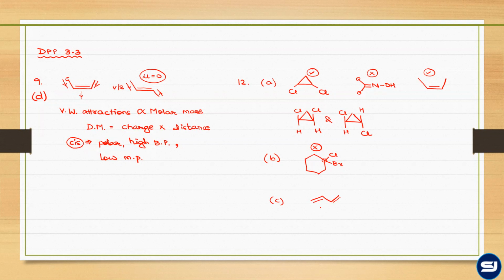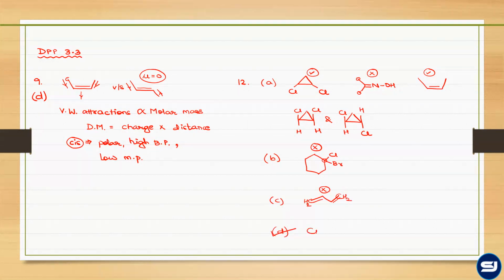Can this show it? No, GI is never possible in a terminal double bond. A terminal double bond always has two hydrogens, meaning identical substituents. So the moment you see any terminal alkene, it will never ever show GI. That's the shortcut trick. And option D is the correct answer.